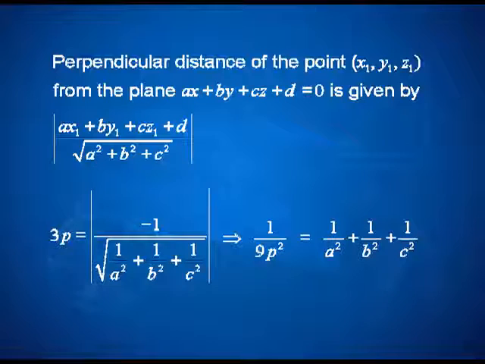If you apply the formula to the plane x by a plus y by b plus z by c minus 1 equal to 0 and replace x1, y1, z1 with the origin, you get this result. From here, if I square both sides and take the reciprocal, I get 1 by 9p squared is equal to 1 by a squared plus 1 by b squared plus 1 by c squared.